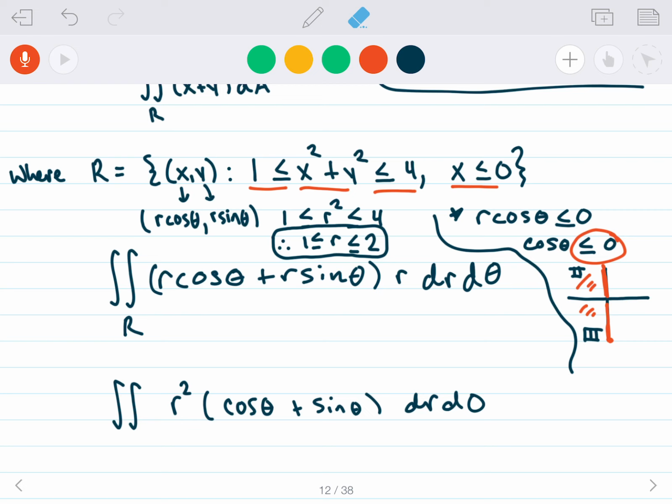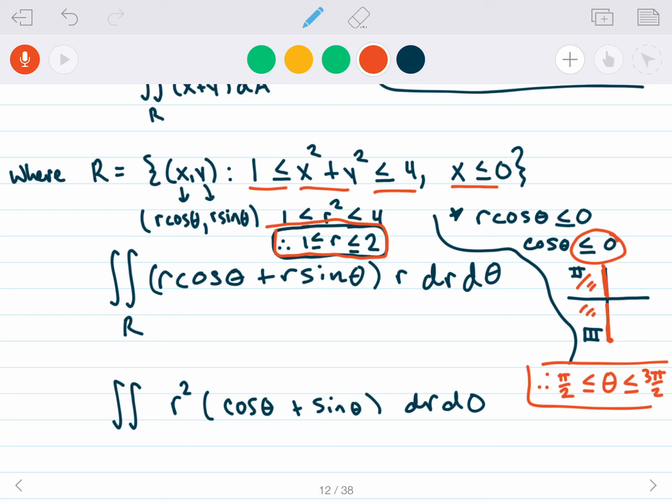Thus theta is between pi over 2, including pi over 2, and 3 pi over 2. So these two things that I have boxed are the things that I need to know for my bounds. You see what I mean?